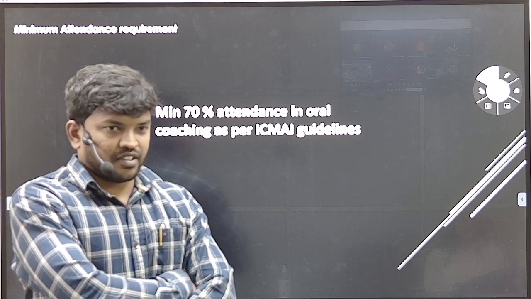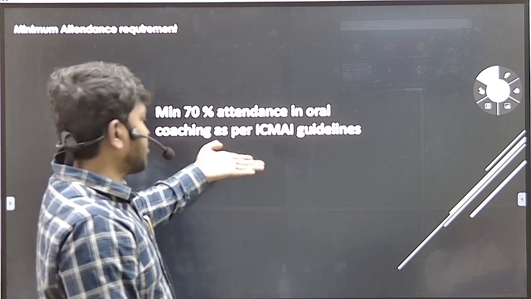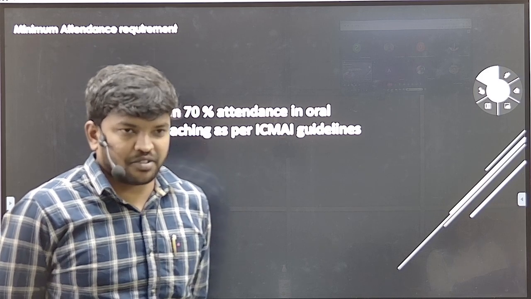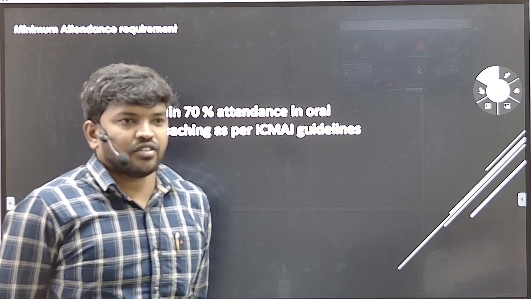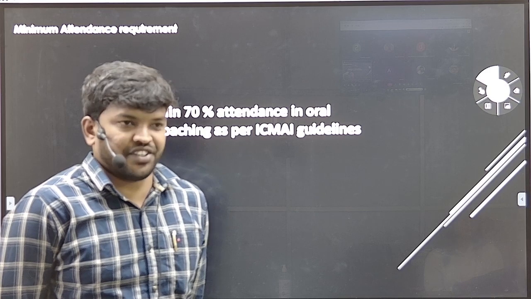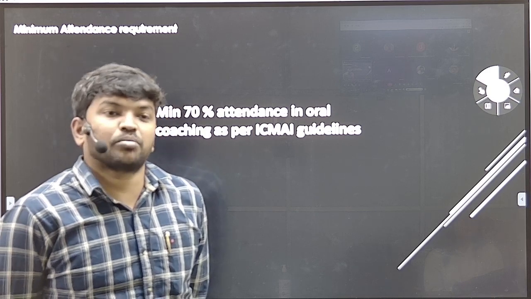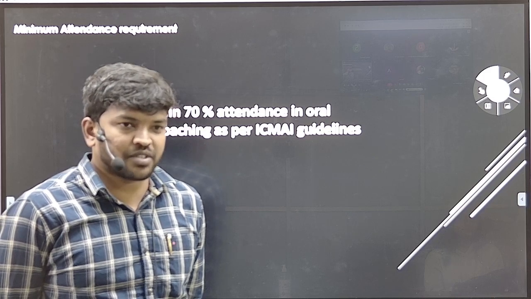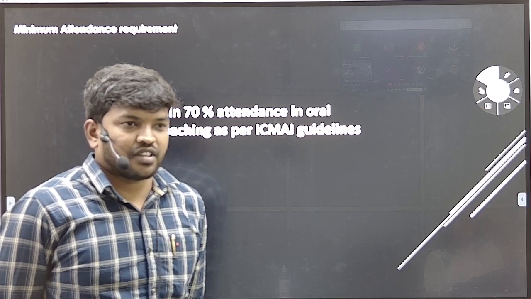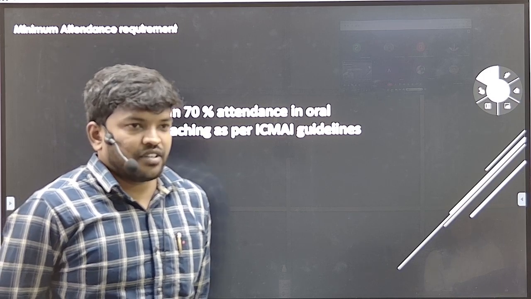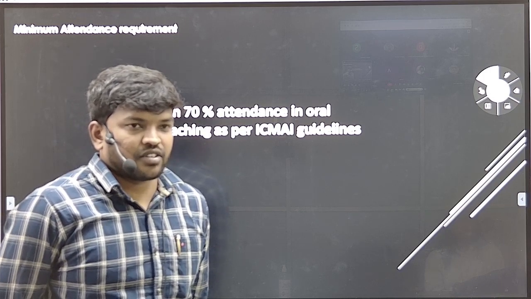So you have to maintain this minimum attendance. I recommend you to maintain minimum 80%. The chapter office has to upload the attendance of the students on the website. Based on that only you will get the eligibility to attempt.